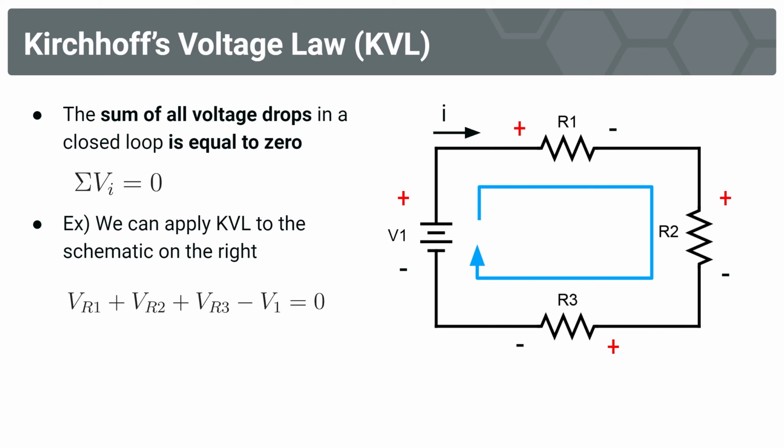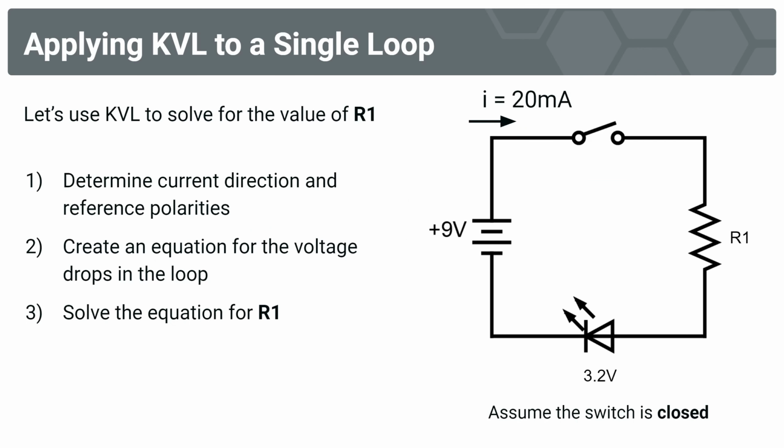And so now let's apply it to what should be a familiar circuit at this point, a simple LED circuit. We have one closed loop with a battery, a resistor, and an LED. We're going to use Kirchhoff's voltage law to solve for the value of R1. What's the use case? Remember, when you're building a simple LED circuit, you have a battery and you have an LED.